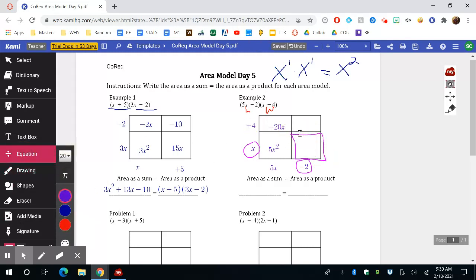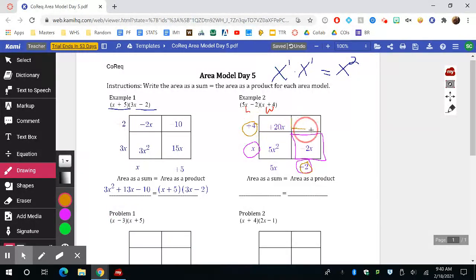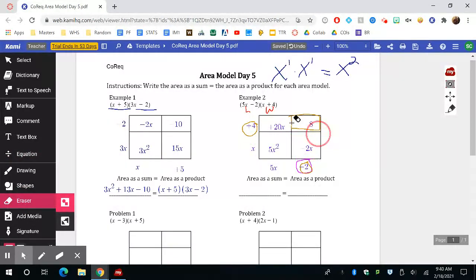And negative 2 times x, that gives me negative 2x. Finally, negative 2 times 4 gives me what should go inside this box for the area model, and I get negative 8. Okay, so negative 8.